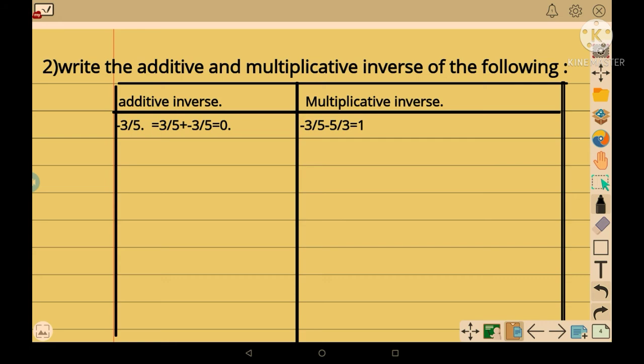So here 3 by 5 plus minus 3 by 5. Plus and minus gives us minus, right? So 3 by 5 minus 3 by 5, that is 0. Now in the multiplicative inverse, the minus and minus will be cancelled and become plus, and 3 by 5 gives us 1. Okay, means 3 by 5 and 5 by 3 gives us 1.